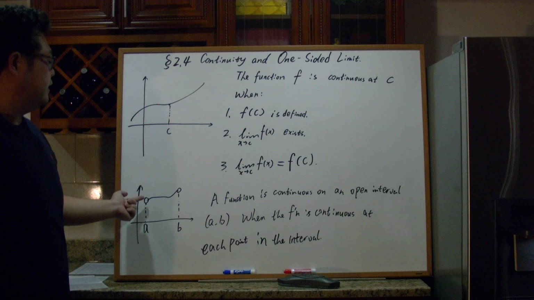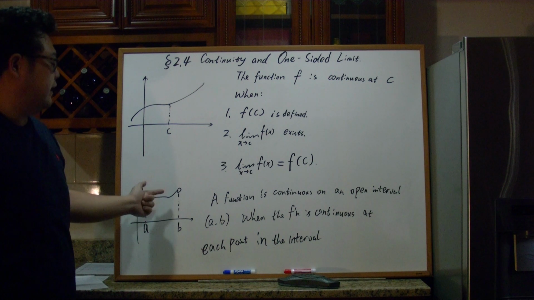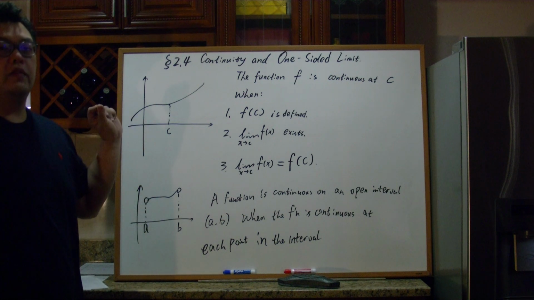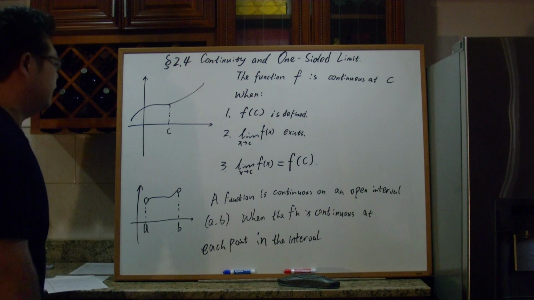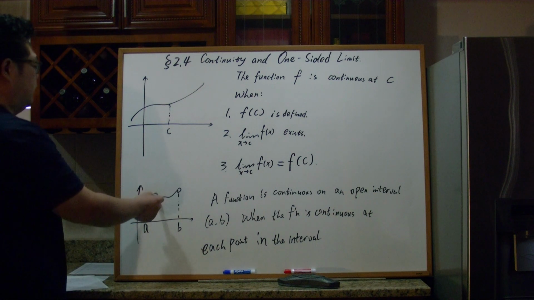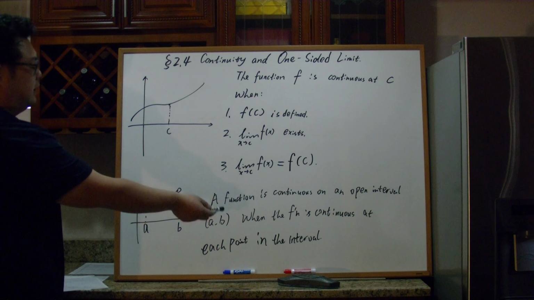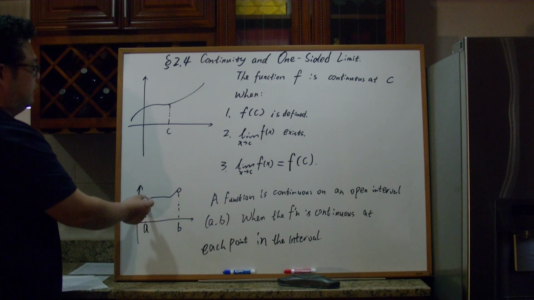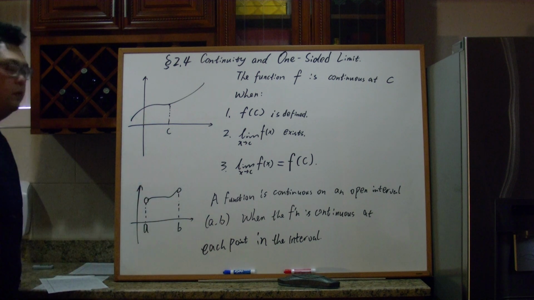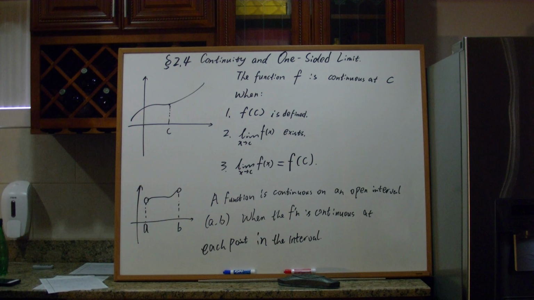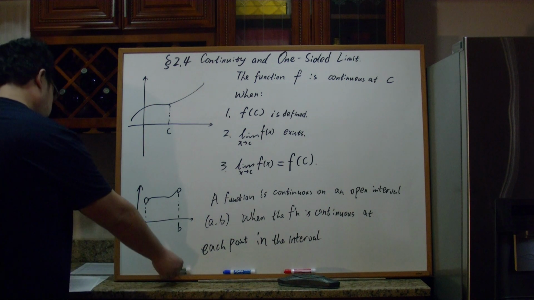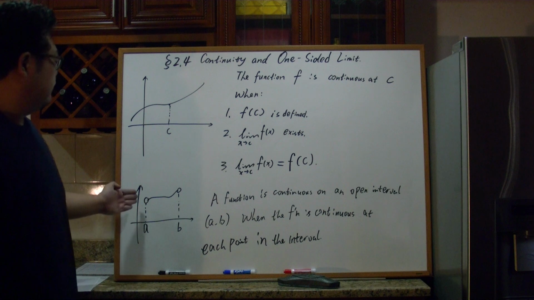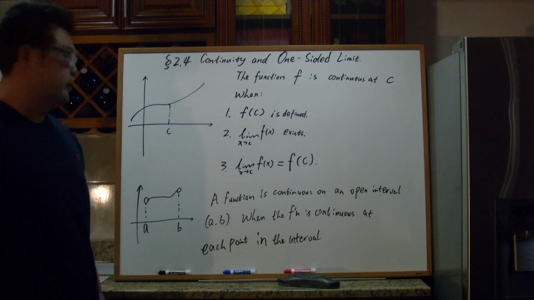We may get a curve that's maybe not smooth, but we must get a continuous curve that is at least connected together. Regardless of how the endpoints look, that is how we get a function on an open interval between A and B. Right, so that is continuous on an open interval.